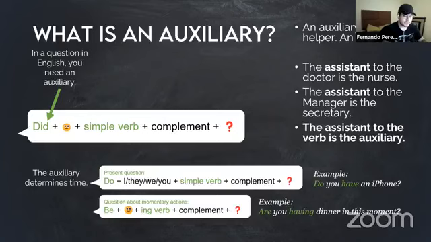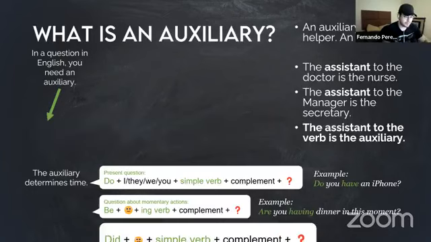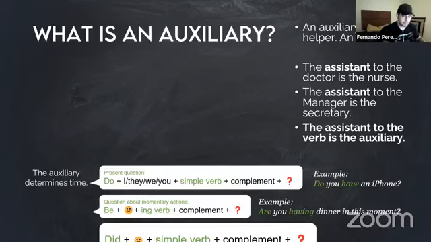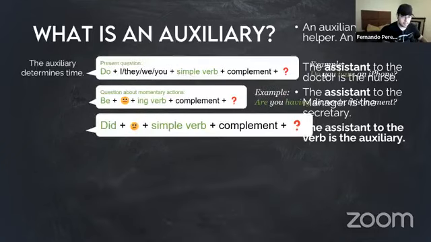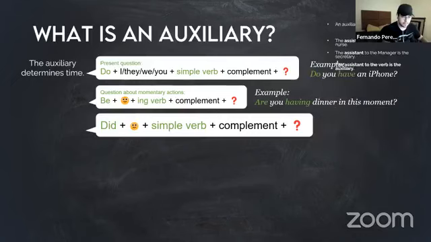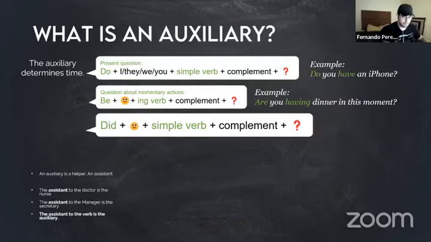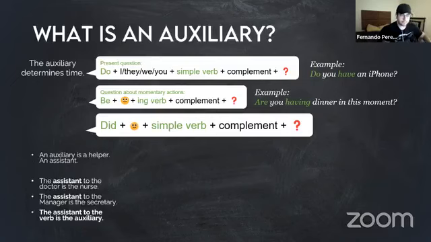Taking that into consideration, we're going to use the new formula. Using did and simple verb to talk in past.